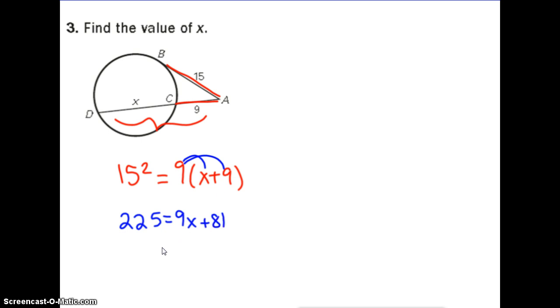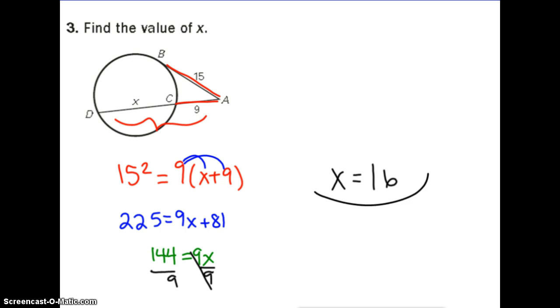So by subtracting 81 from both sides, I get 144 equals 9x. Then I would need to divide both sides by 9, and I get 144 over 9 is 16. And then if I asked you to find the length of secant AD, it would be x plus 9, or 16 plus 9, which is 25.